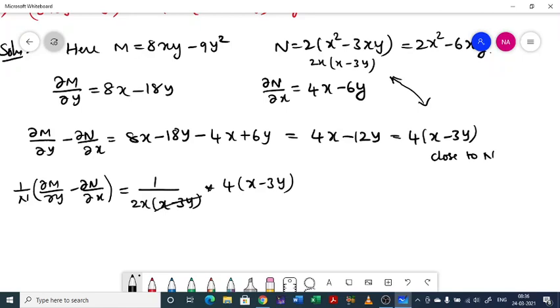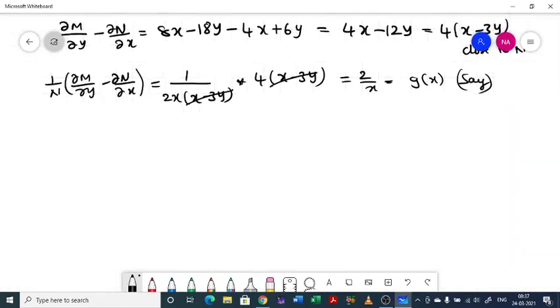So x minus 3y gets cancelled. It will be 2 by x. Call that g of x. Now the integrating factor is, you are familiar with this, so I can write directly, the integrating factor is x square.